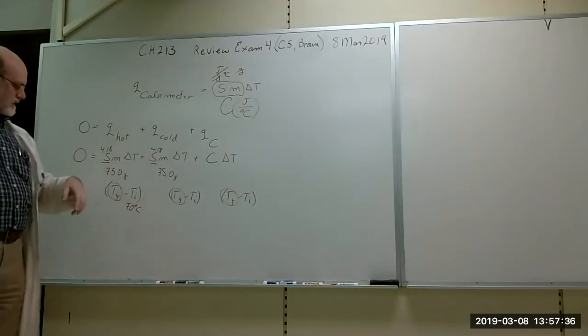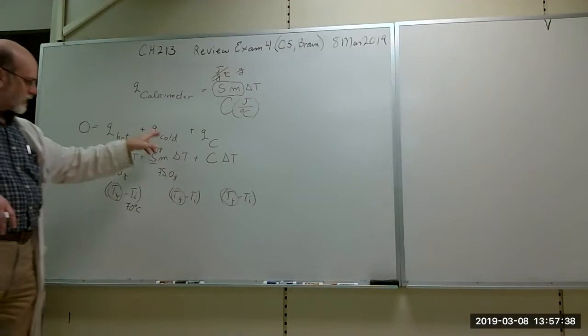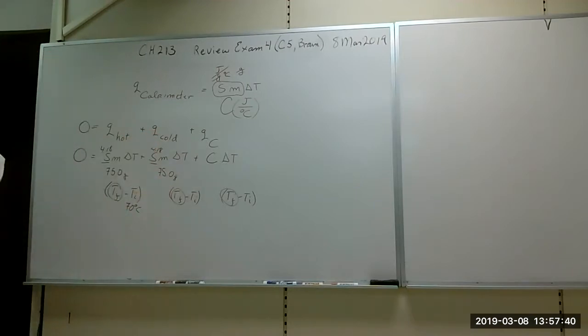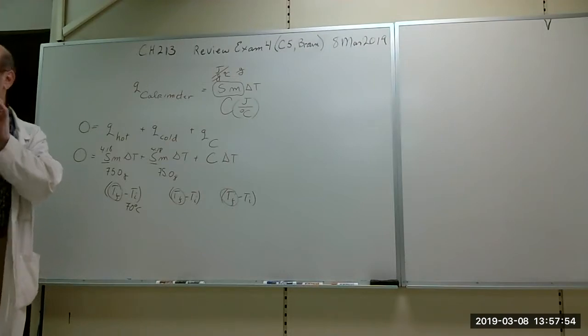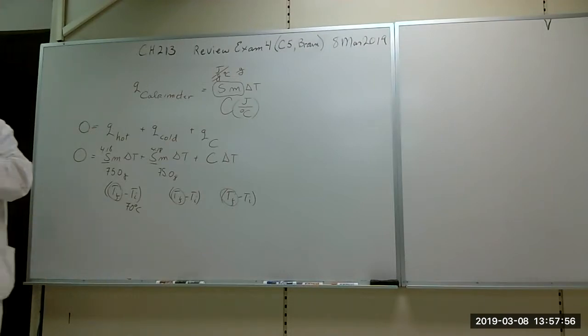Then, in the cold, you take 75 mils measured of room temperature distilled water, right? And pour it into the calorimeter, okay? And let it equilibrate, because the calorimeter is going to absorb some of the heat too, or give up some heat, whichever the case may be.